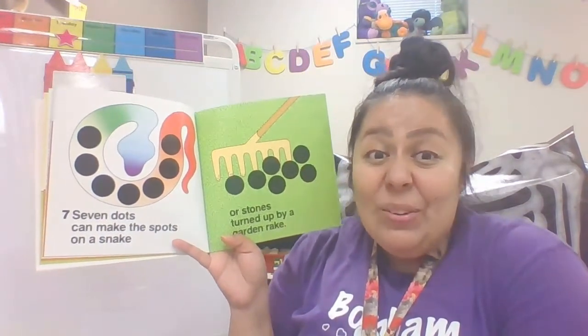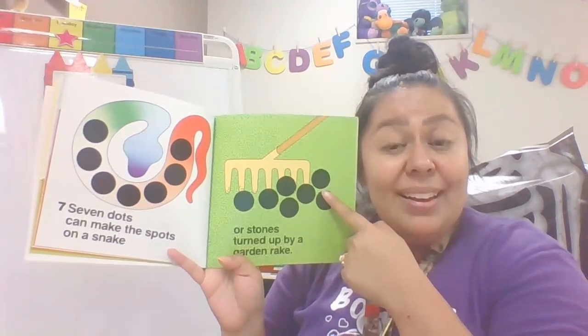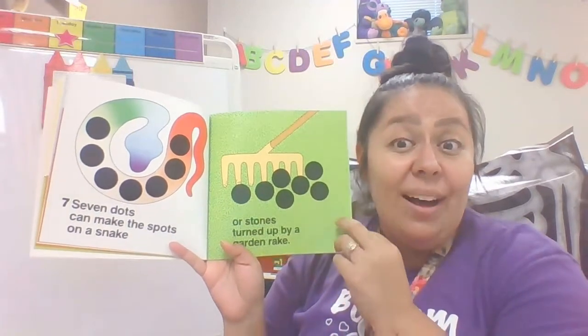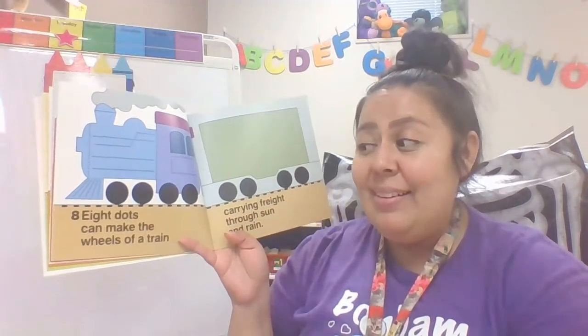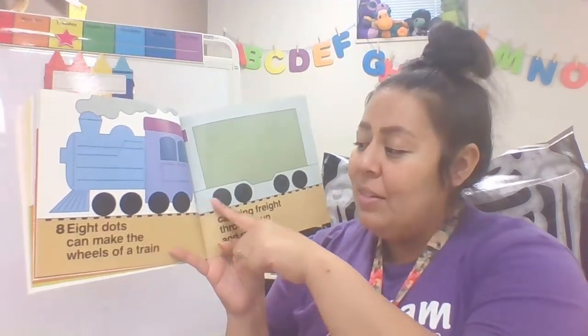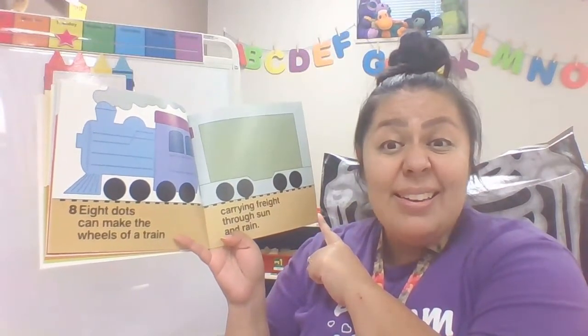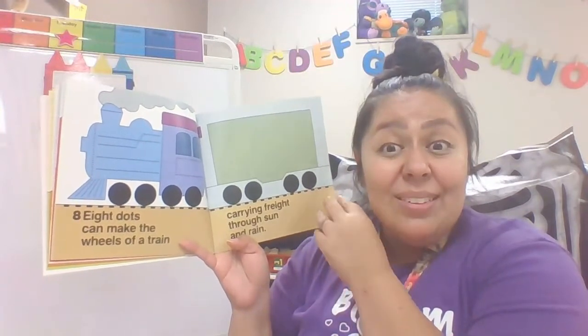Wow. Or stones turned up by a garden rake. So these dots are pretending to be stones or rocks. 8 dots can make the wheels of a train carrying freight through sun and rain. Oh, that's a neat idea. They could be the wheels.